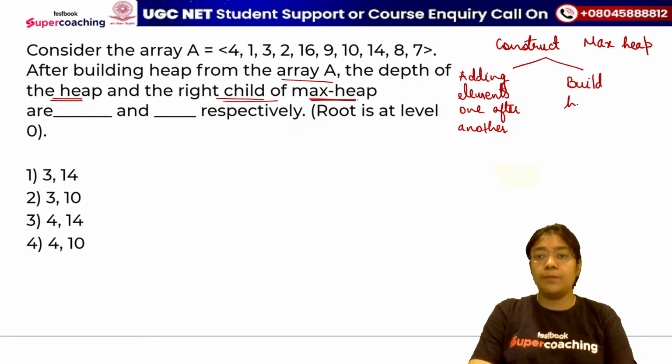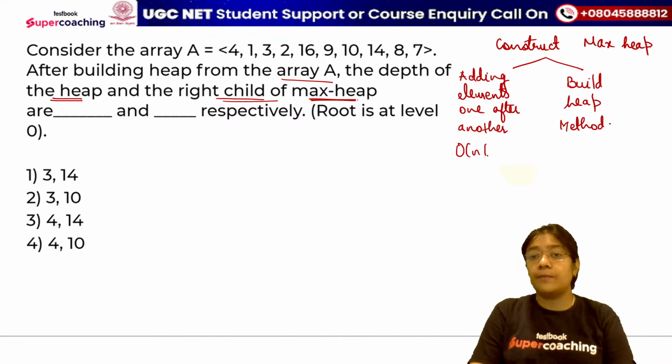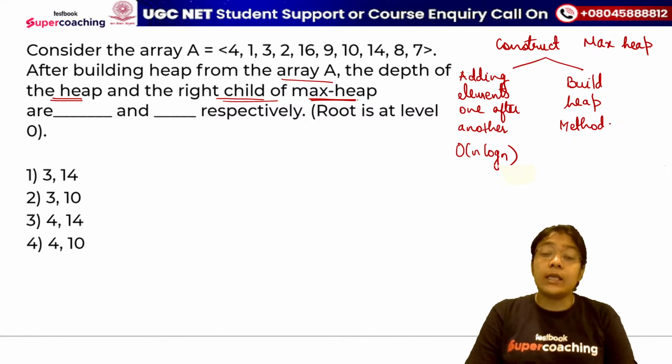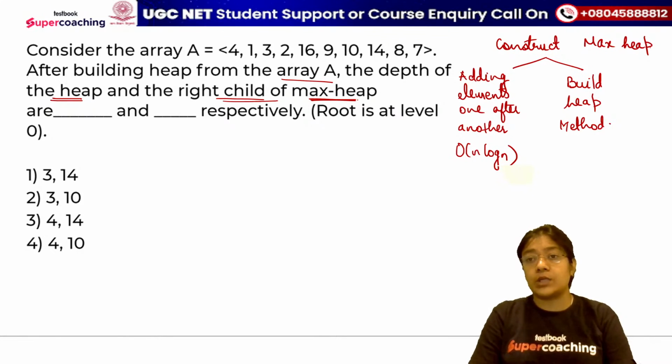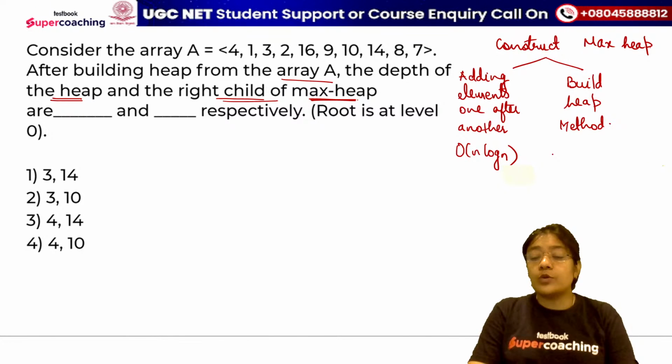Which do we prefer? Obviously we prefer the build heap method, because adding n elements one after another is going to take n log n. I am also telling some additional points. It may be that they are used in upcoming questions, or this practice session may not ask a question on them, but they may come in your exam. Using the build heap method, constructing a tree takes linear time complexity, order of n.